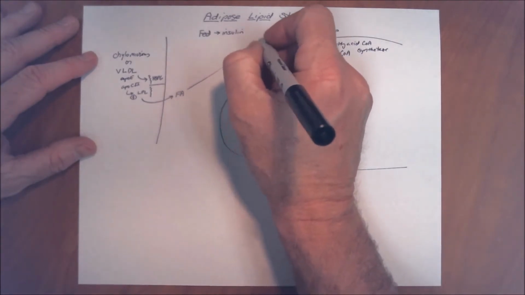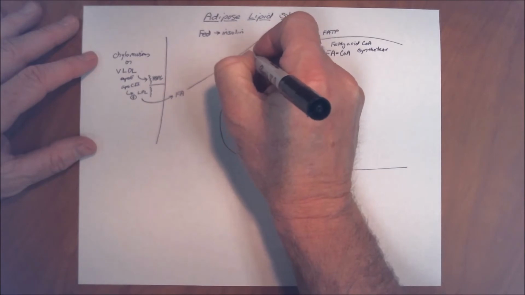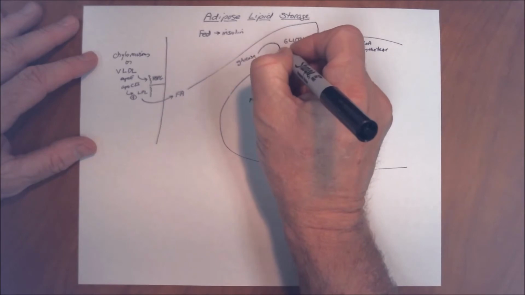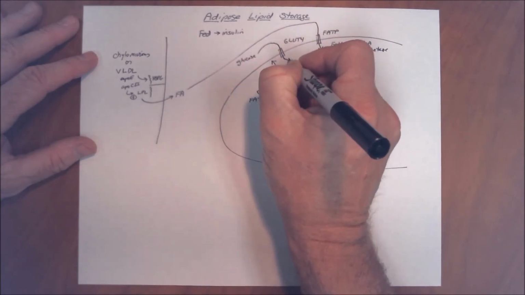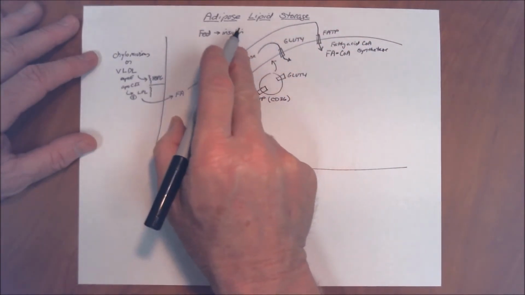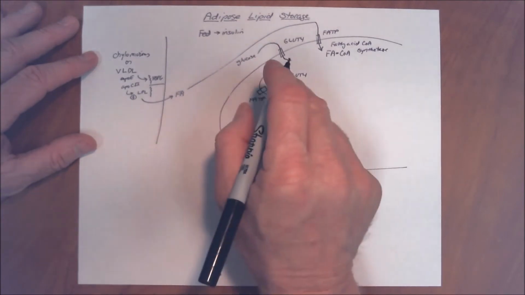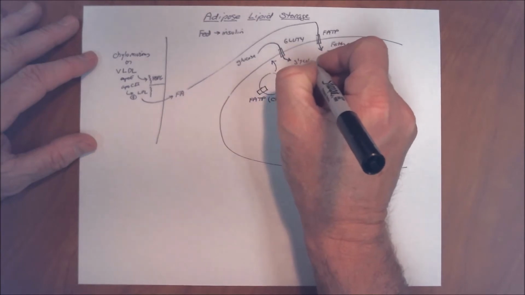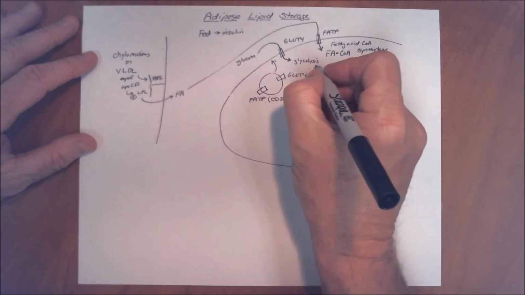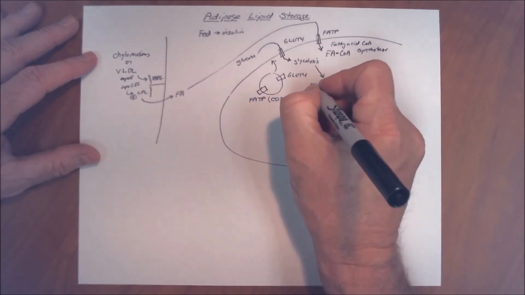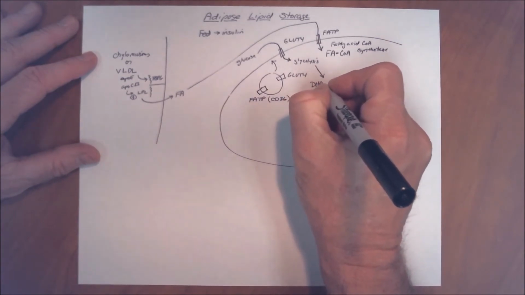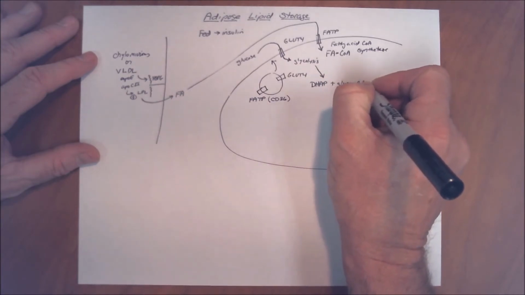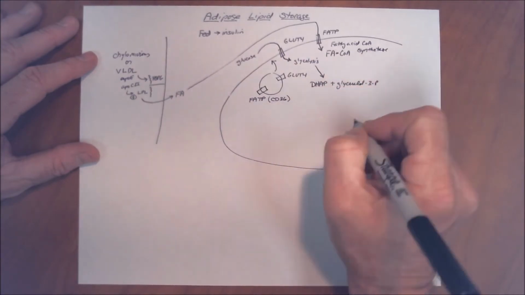Well, in order to do that, we need glucose from our diet, which is going to pass through the GLUT4 transporter, which has been exposed by insulin signaling. And glucose here will undergo oxidation through glycolysis, and we are going to bring this down to the level of dihydroxyacetone phosphate plus glyceraldehyde 3-phosphate.